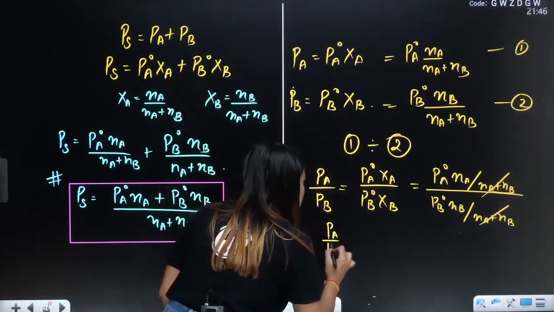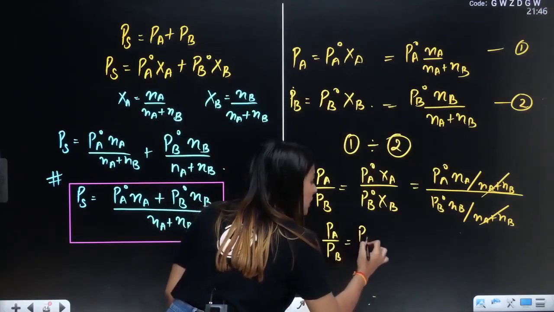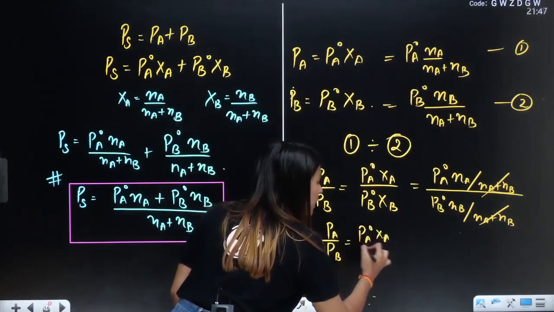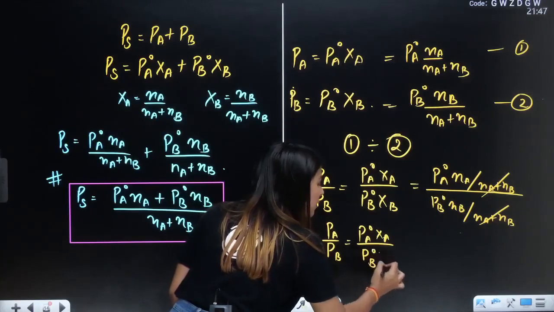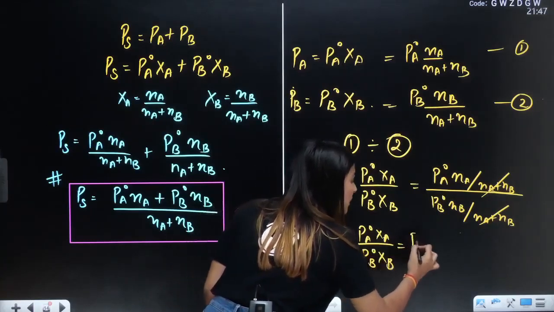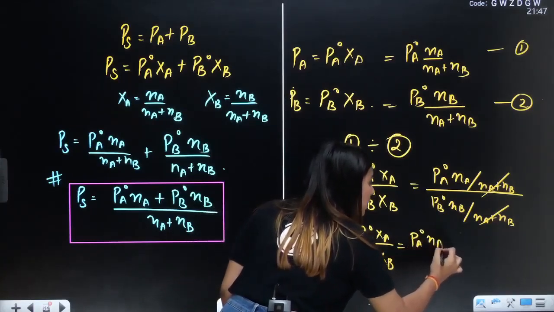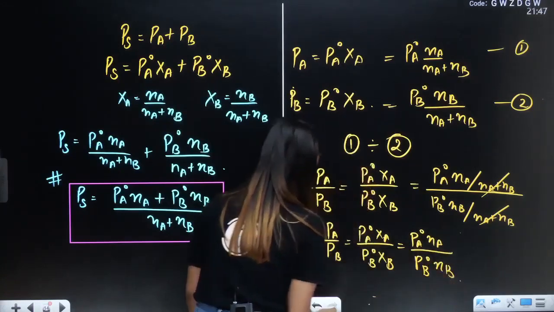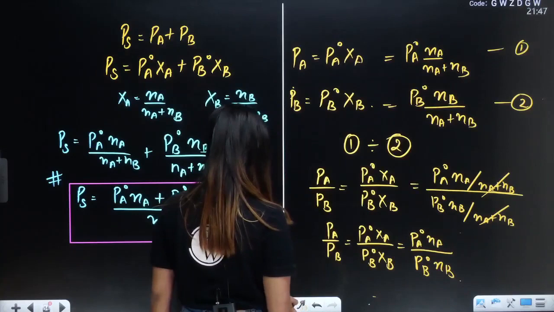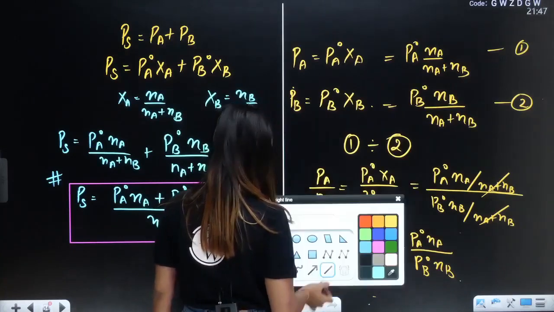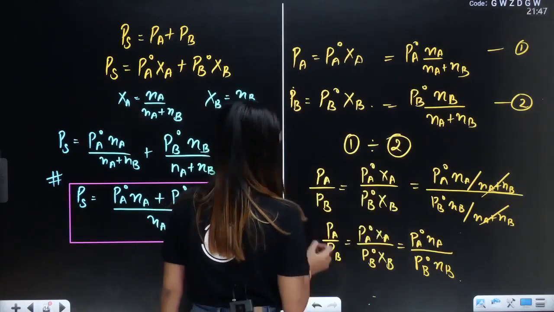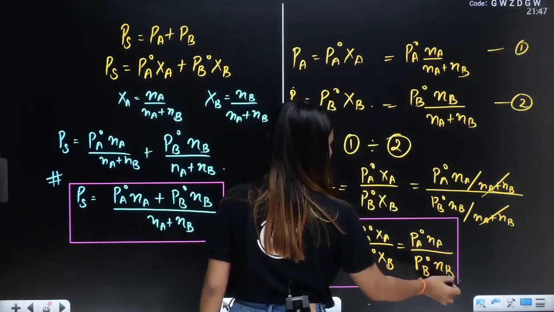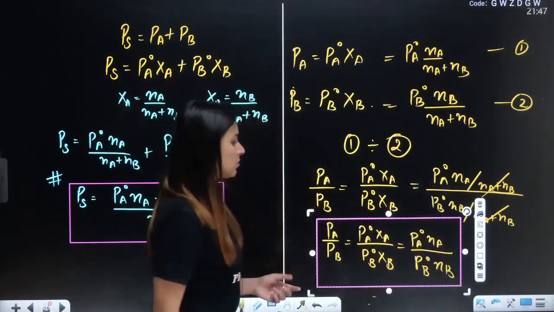PA by PB is actually equal to PA naught XA upon PB naught XB, which is equal to PA naught NA upon PB naught NB. This is the expression you come across.